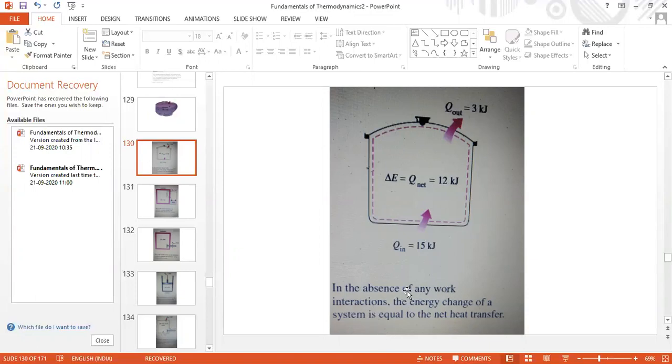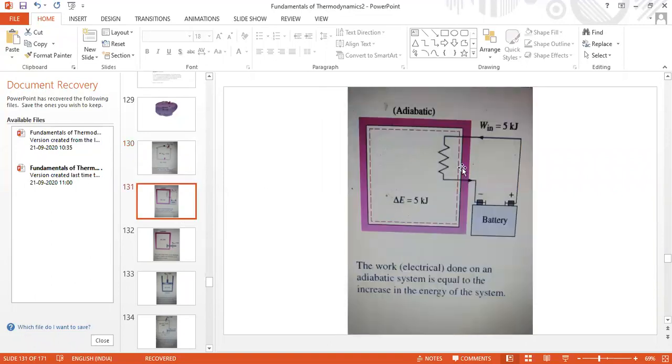It has been written here, in absence of any work interactions. So because there is no work interaction, whatever heat is given is converted into internal energy. So in that way, while discussing concepts themselves, we discussed this type of problem in the form of some figures. Again, in the form of a statement of a problem, we are dealing with it like that.